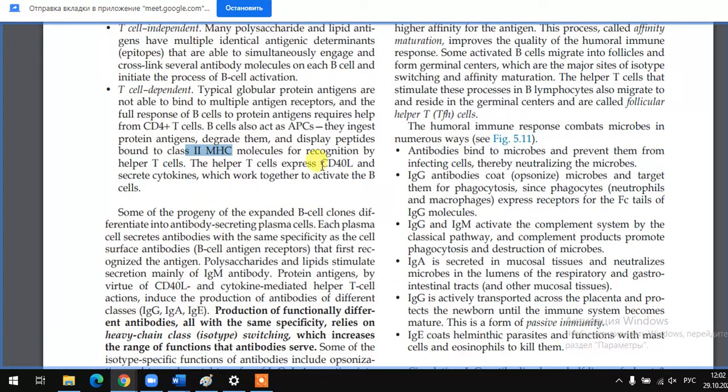Then helper T cells express CD40 ligand and secrete cytokines which work together to activate the B cells. So you see, the cycle is closed. That's T cell dependent, so it's T helpers. When the B lymphocyte presents the antigen, the T cell confirms this antigen and then activates the B lymphocyte to kill this antigen.